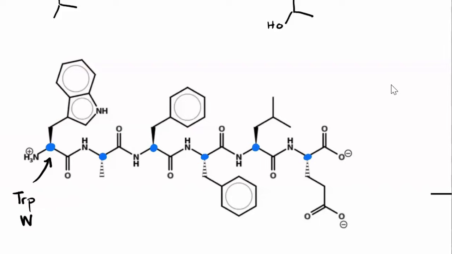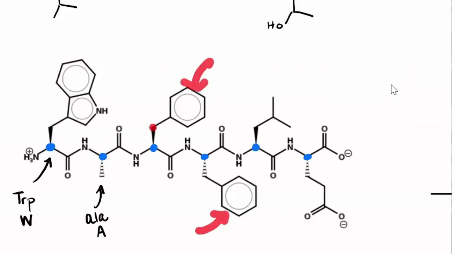Next amino acid. Technically, these dashed lines represent just having a CH3 at the end. So this represents ALA. The 1-letter code is a capital A. Both of these side chains are the same.